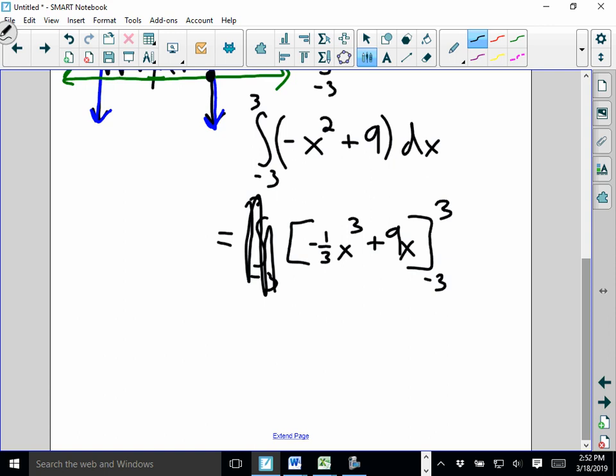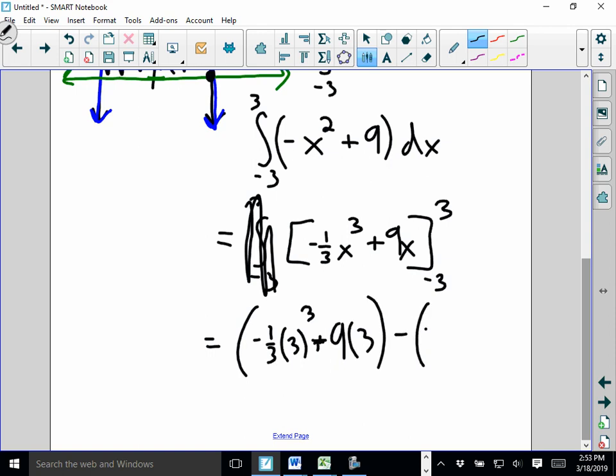So I end up with this: negative 1/3 times 3 cubed plus 9 times 3, minus negative 1/3 times negative 3 cubed plus 9 times negative 3. I like to work each one down and then subtract them at the end.